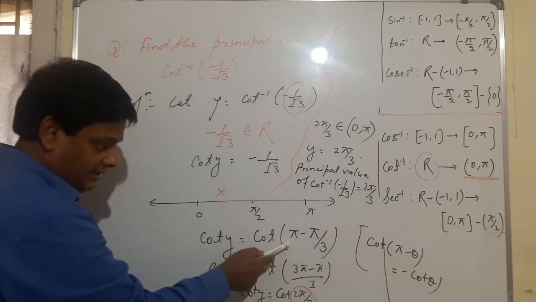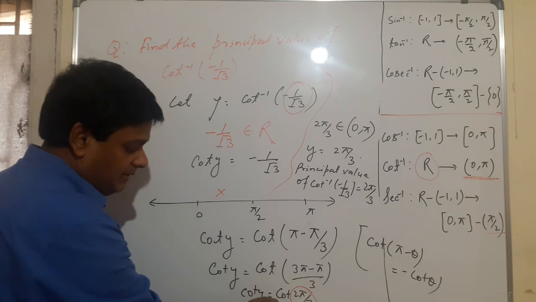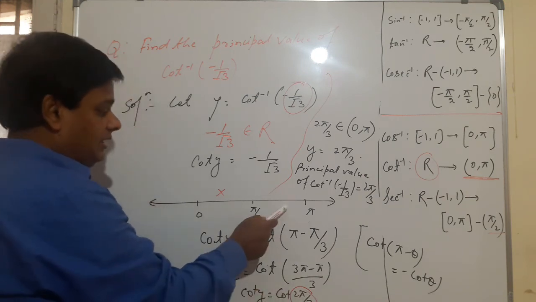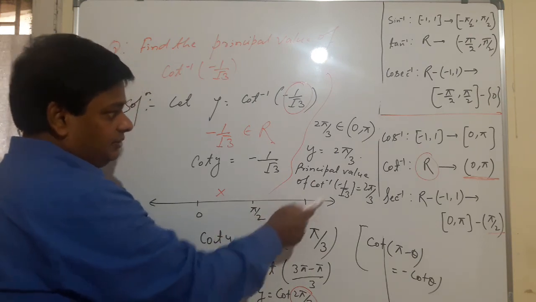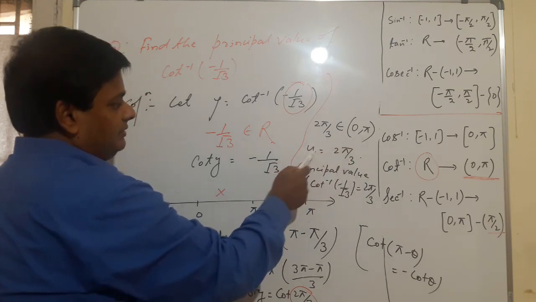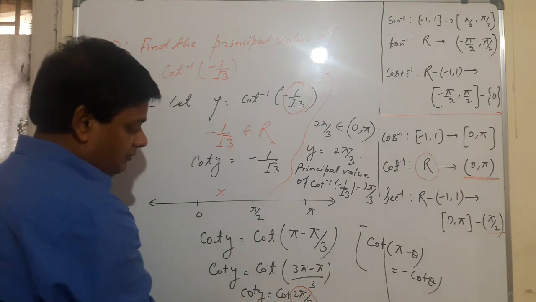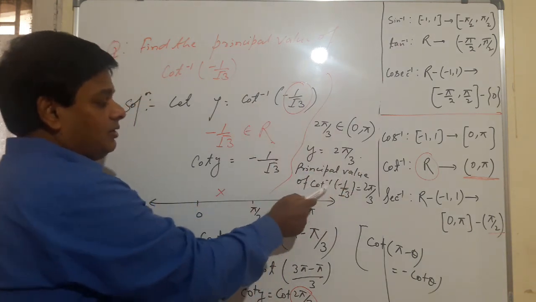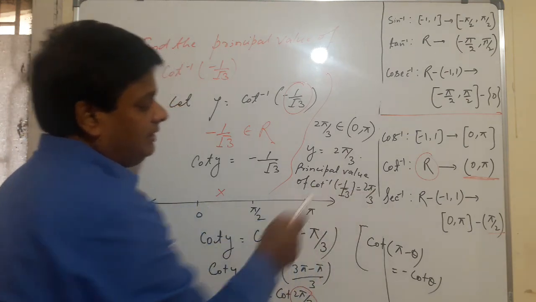Now take the LCM: 3 pi minus pi gives 2 pi by 3, which means 120 degree. 120 degree lies between pi by 2 and pi, so 2 pi by 3 belongs to 0 to pi. Cot and cot cancel, so y is equal to 2 pi by 3. So the principal value of cot inverse minus 1 by root 3 is equal to 2 pi by 3.